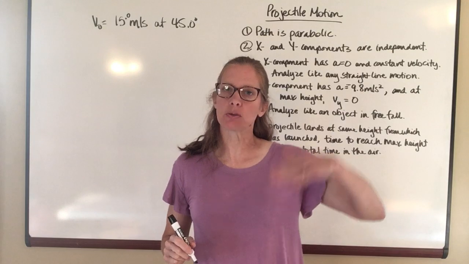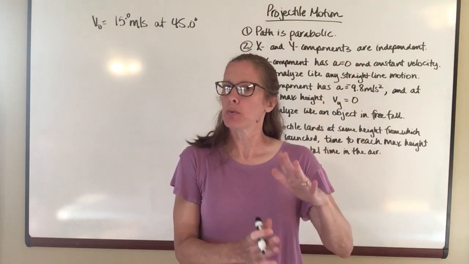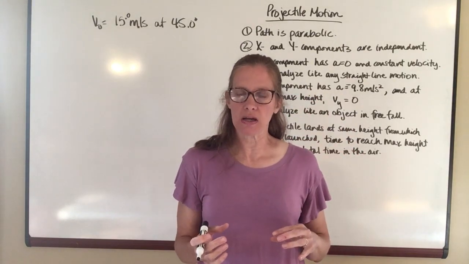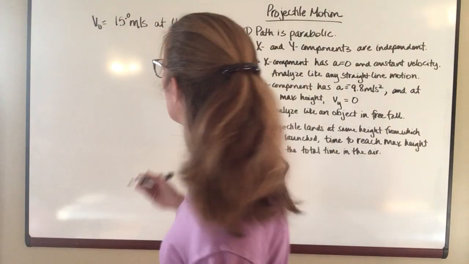Now, if I'm looking for maximum height, that means I'm using the vertical component, okay? Remember, horizontal and vertical components don't affect one another in any way. They're independent. And so I'm looking only at the vertical component.